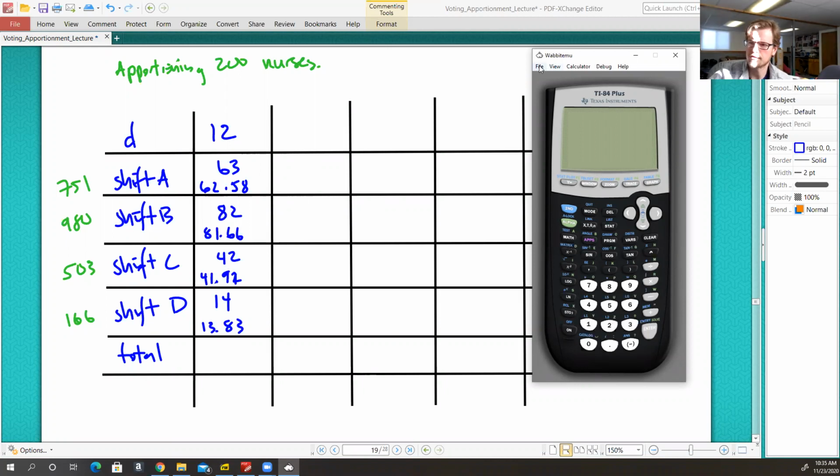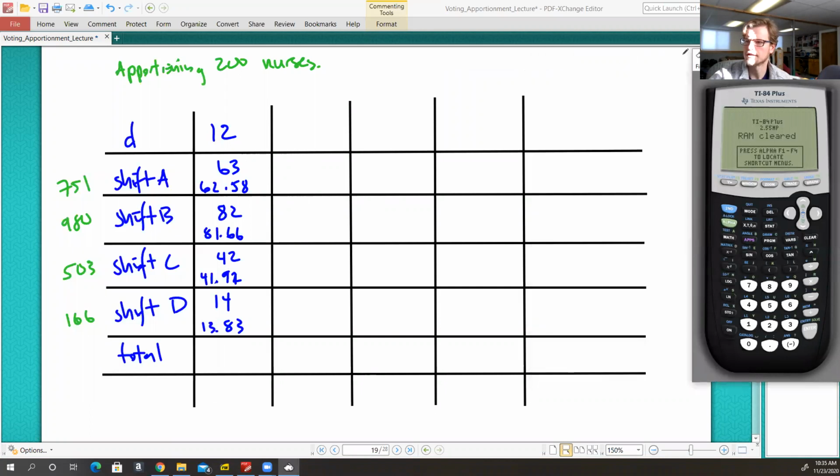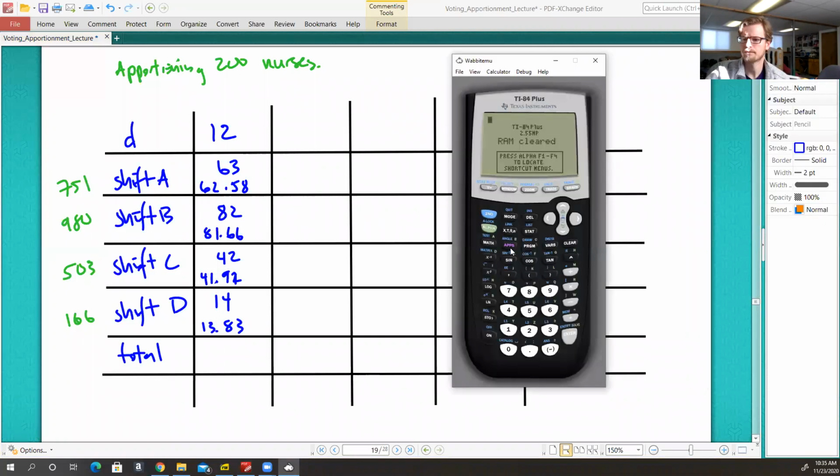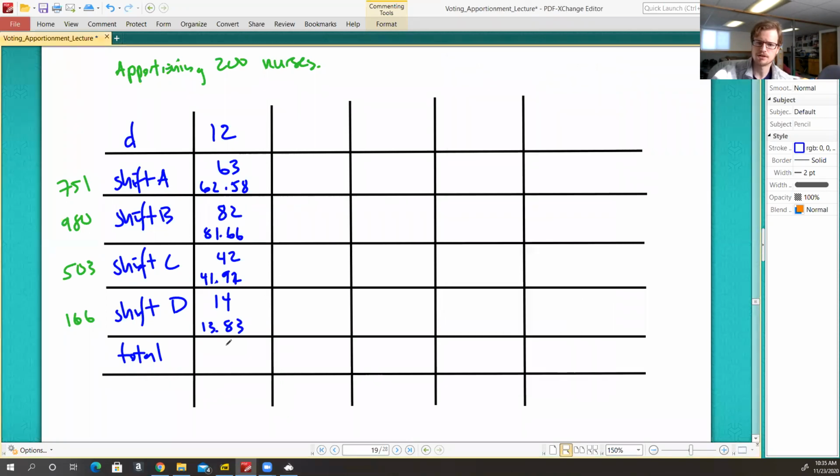It doesn't want to wake up for us. Let's go ahead and use that one. So let's clear that out. And we have 63 plus 82 plus 42 plus 14 is equal to 201. Okay, excellent. So it is what I said it was in my notes, 201.